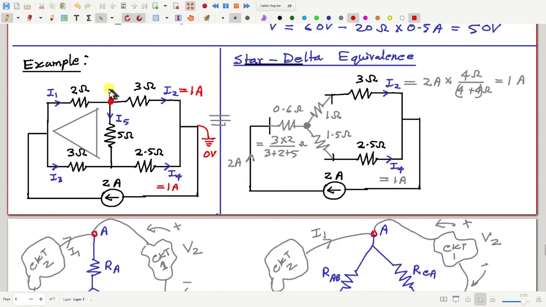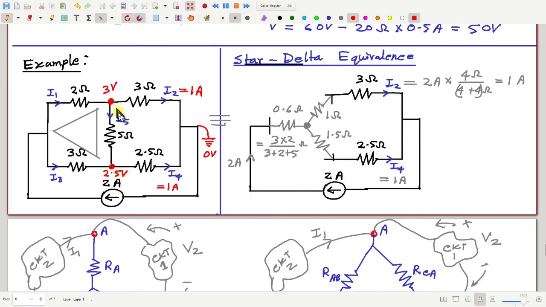Let's call this node A. At node A, how much should be the voltage? It should be 3 ohm times 1 ampere, so 3 volt. Okay, and then what is the voltage here? This is 2.5 volt.